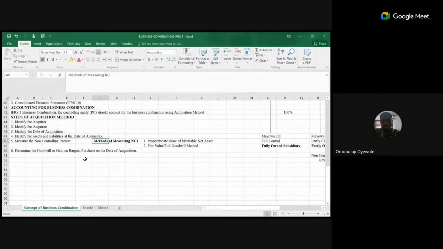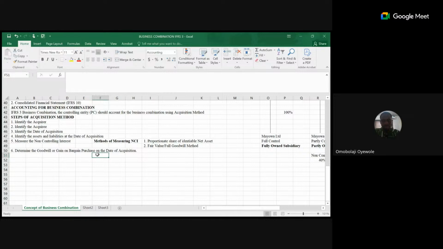Now, step 6 says determine the goodwill or gain on bargain purchase. When we acquire a company, remember that we are acquiring both the assets and the liabilities of the company. So at the acquisition date, we compare the net assets of the company with the consideration.